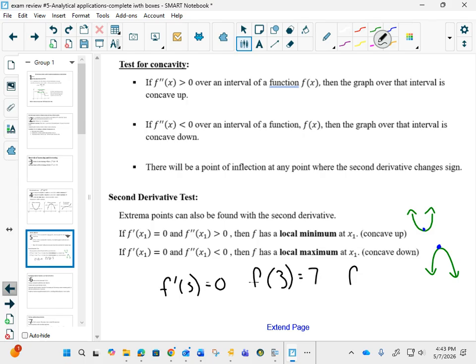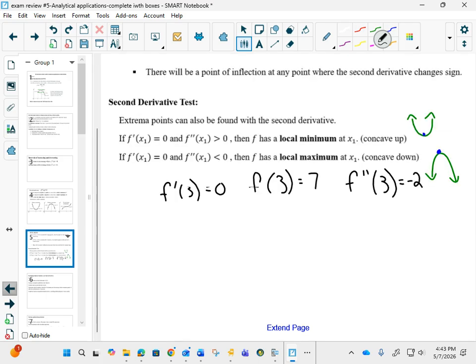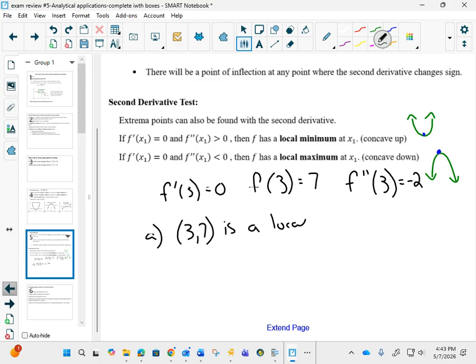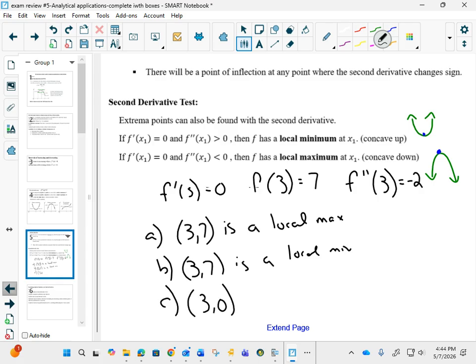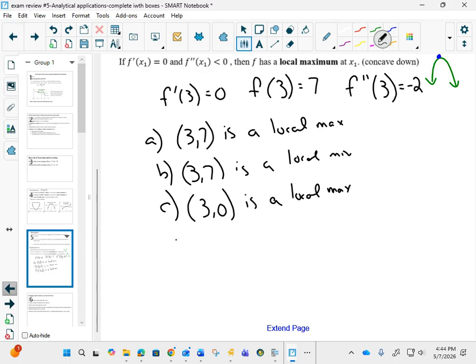What's going on? Yeah, the board is being weird. I don't know, something like this.